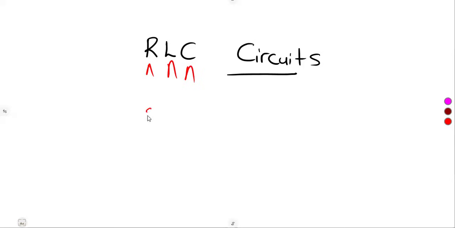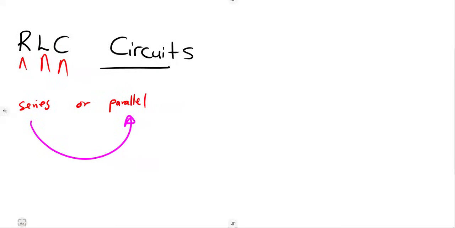So this combination can be in series, or it can be in parallel, or we can also have a combined series-parallel combination. Before we look into these series-parallel combinations, we need to understand the properties of each component on its own.